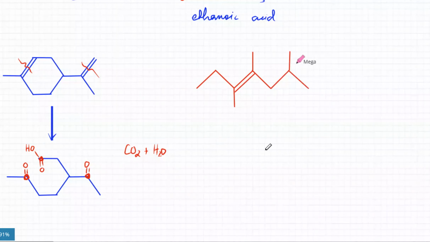Let's say this is the molecule, and it's got 3 double bonds.